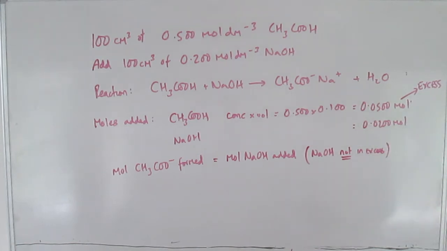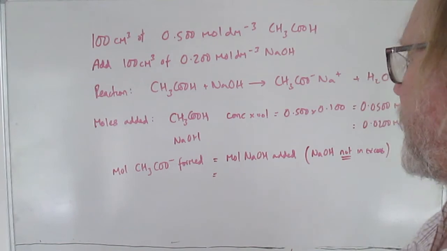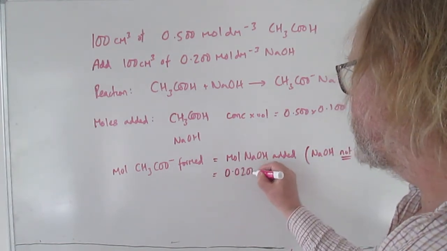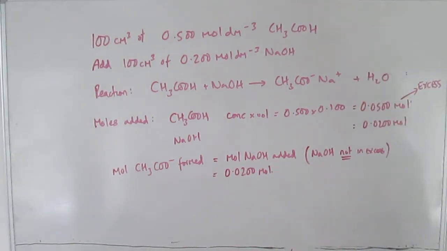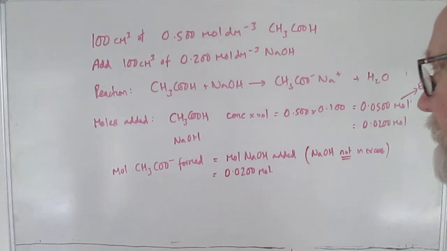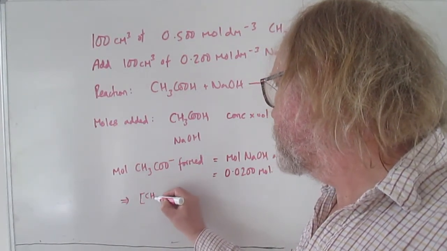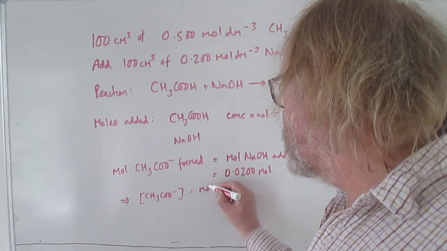Okay, not in excess, so all of it reacts. So we know the moles of ethanoate formed is 0.0200, and therefore we can work out the concentration of ethanoate as just moles over volume in dm cubed.